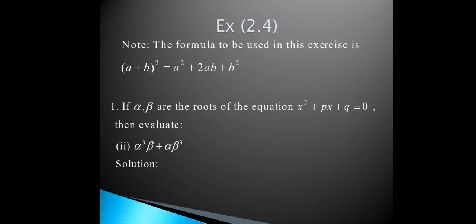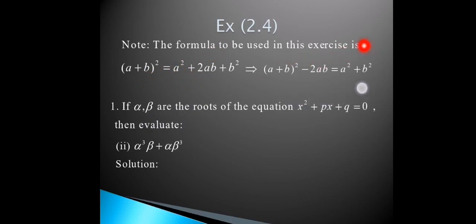All of you know that the formula of (a plus b) whole square is a square plus 2ab plus b square. If we shift this 2ab towards the left hand side, we will just get (a plus b) whole square minus 2ab is equal to a square plus b square.